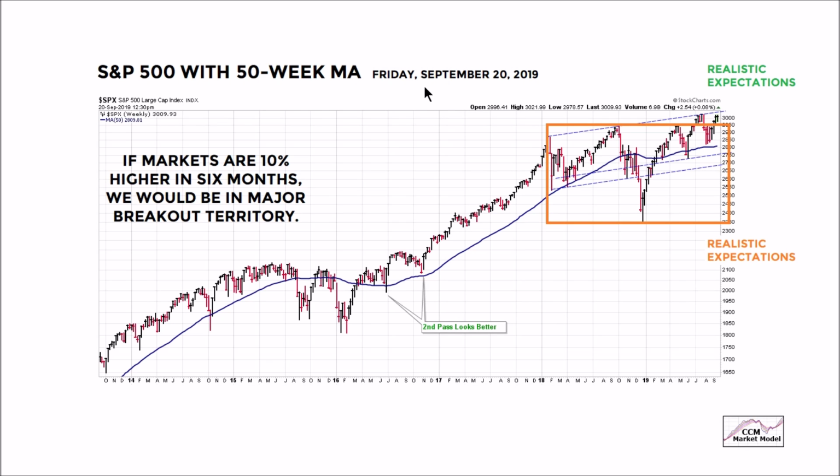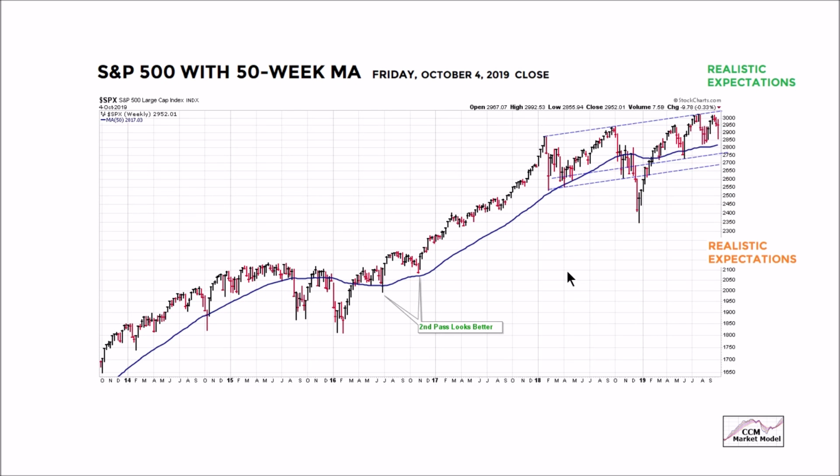Not much has really changed on this front. Friday, September 20th, we basically said we're moving sideways here. Until we get a clear resolution, we should have realistic expectations about a wide range of outcomes, including a bearish breakdown. Nothing's really changed relative to this point here and this point here.